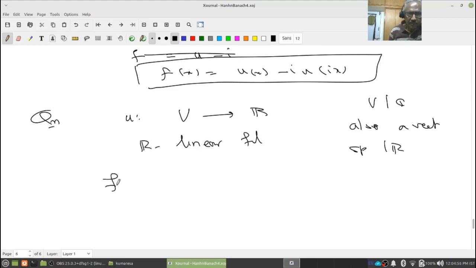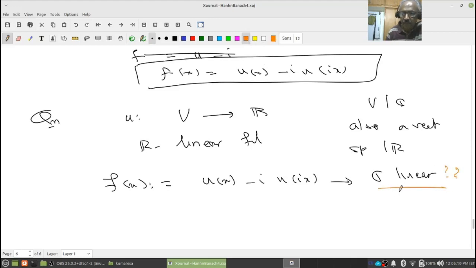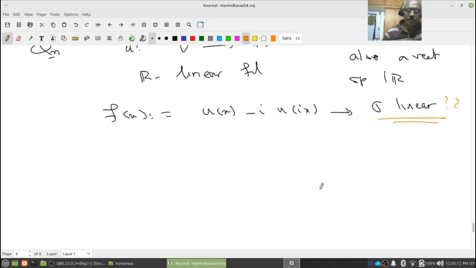Now let me define f of x by this equation, u of x minus i times u of ix. I can ask whether this is C linear. Is the question clear? As usual, questions are more important.